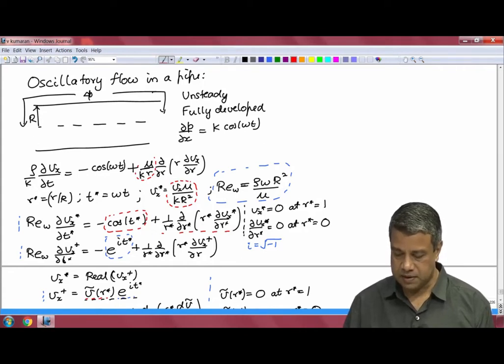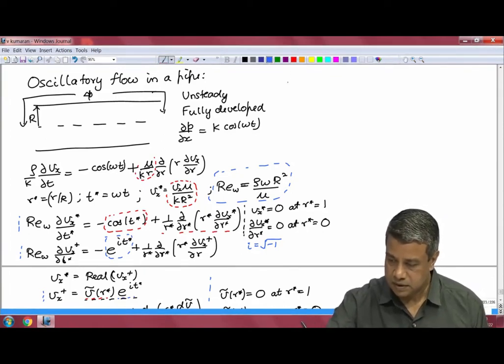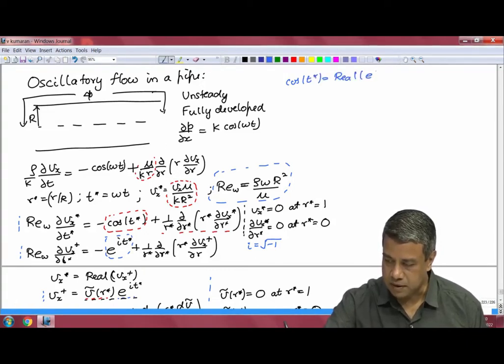And we had substituted, instead of cos t, I had said that you can take the inhomogeneous term as e power i t, because we know that cos t is equal to the real part of e power i t.